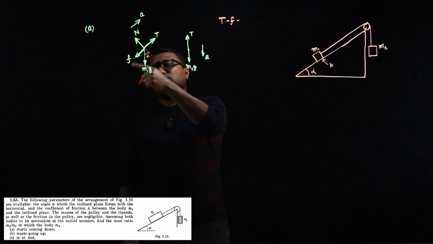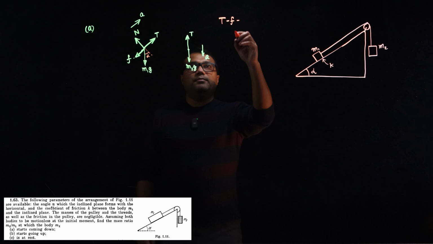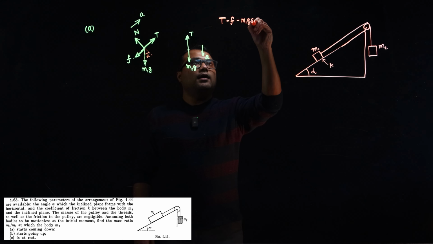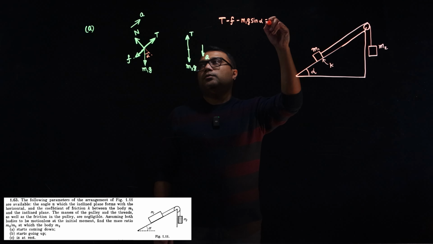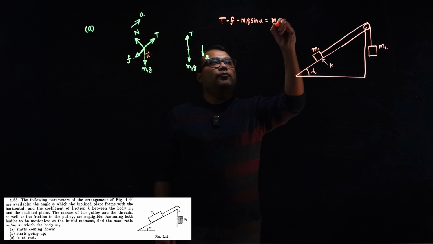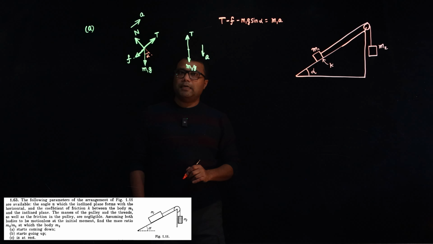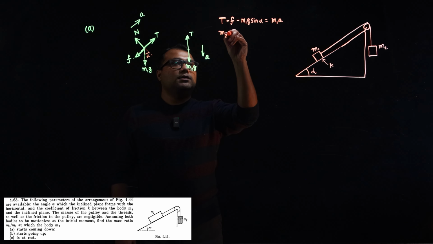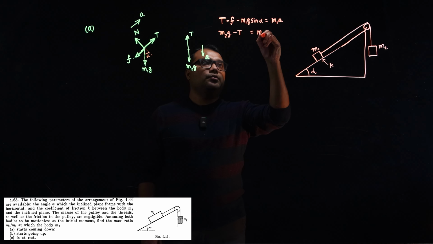So M1G's component along the surface of the plane is M1G sine alpha, will be equal to M1's acceleration, Newton's second law. And from here we can write M2G minus T is responsible for this acceleration M2A.